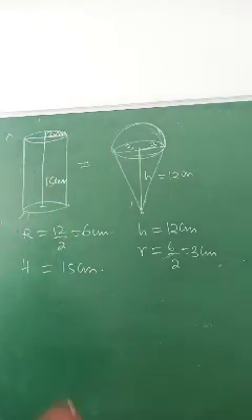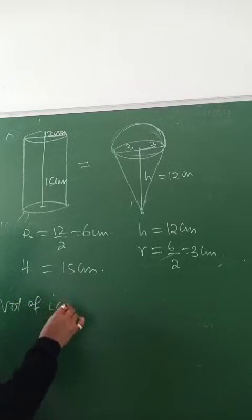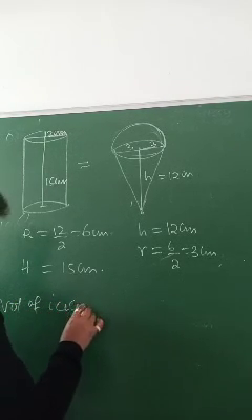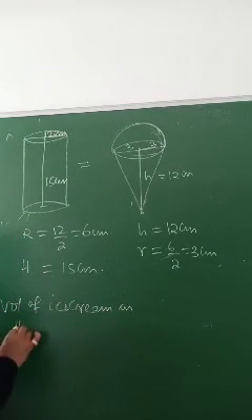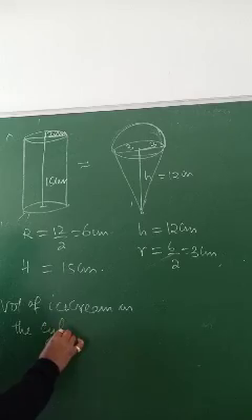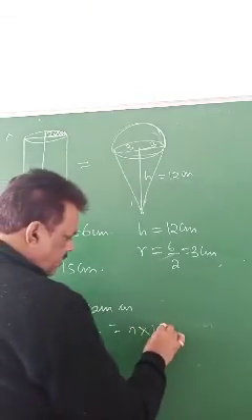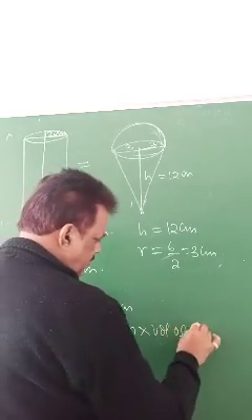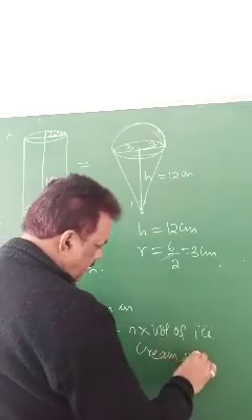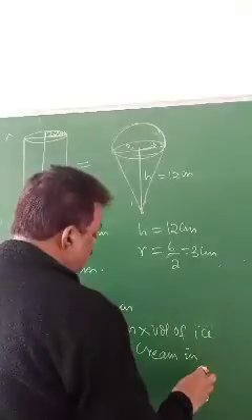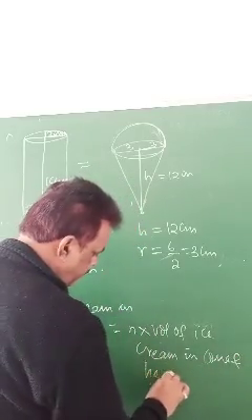So you can write volume of ice cream in the cylinder equals to n into volume of ice cream in cone and hemisphere.